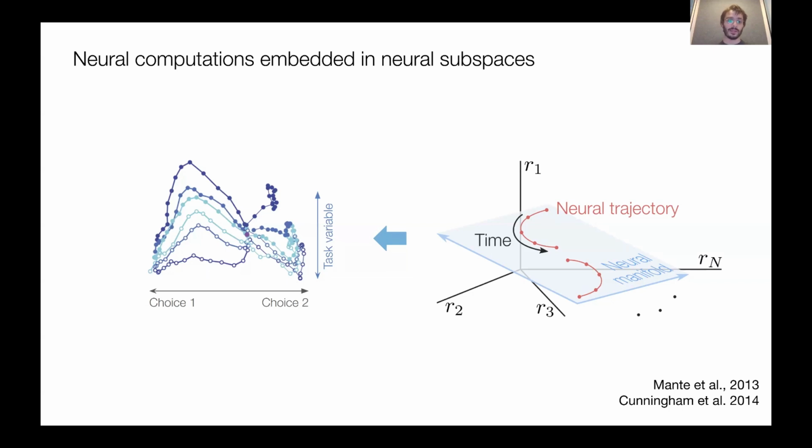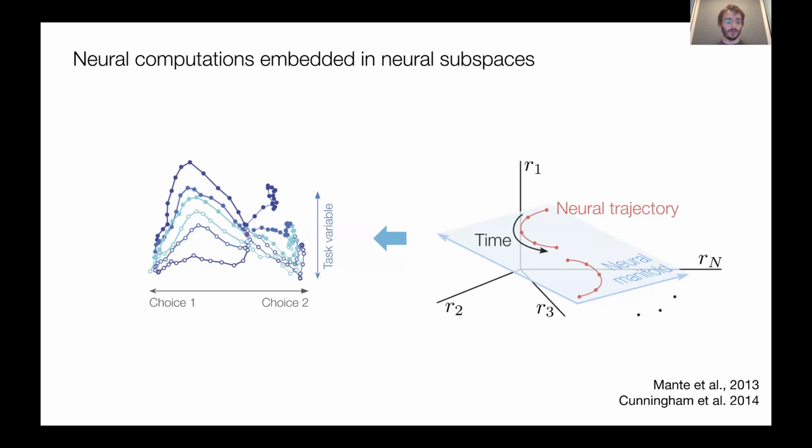And what people have found is that within these low-dimensional subspaces, different coordinates, different axes within the space are often correlated with behavioral or task variables. So for example, here, different points correspond to the activity of the neurons at different time points, and the different colors correspond to different values of the task variable that the animal is currently experiencing.